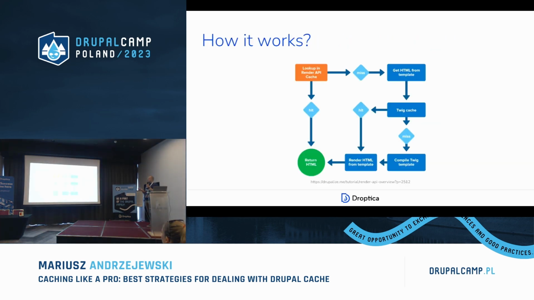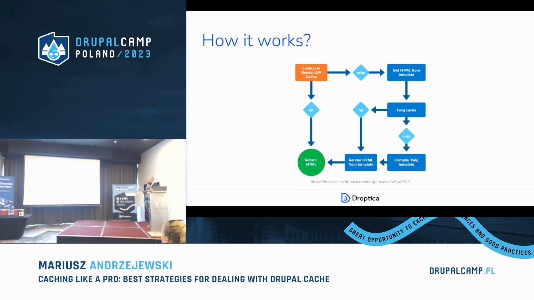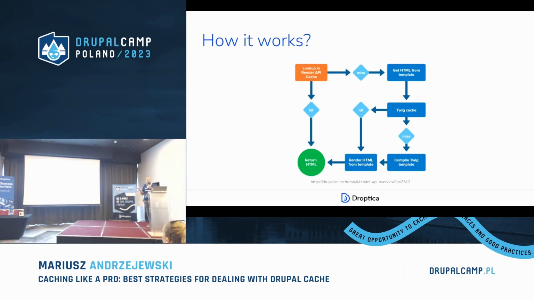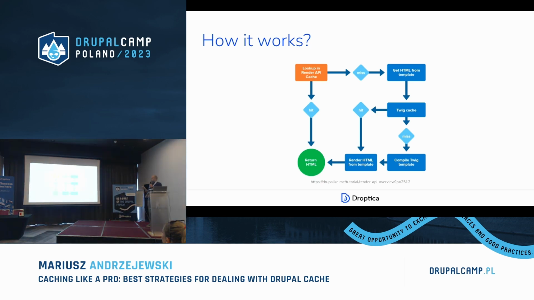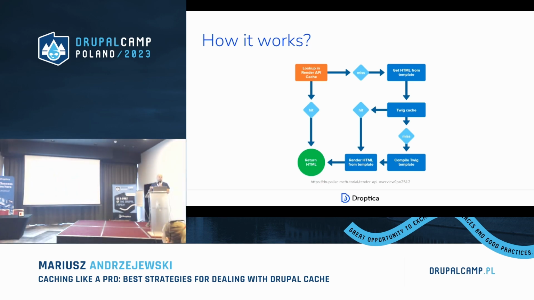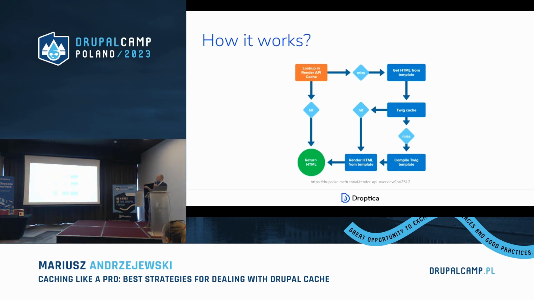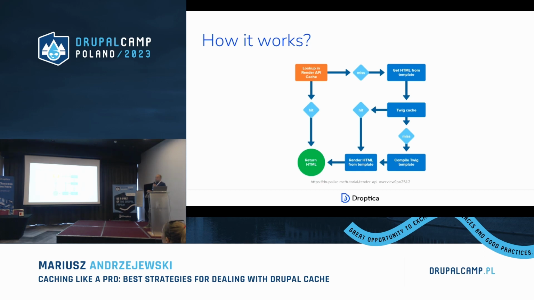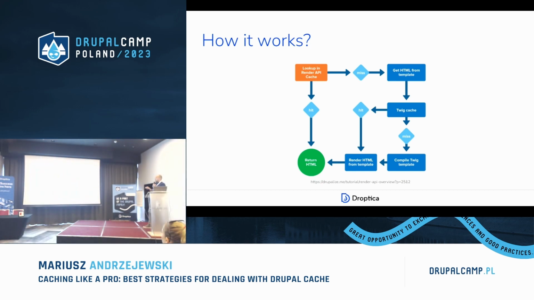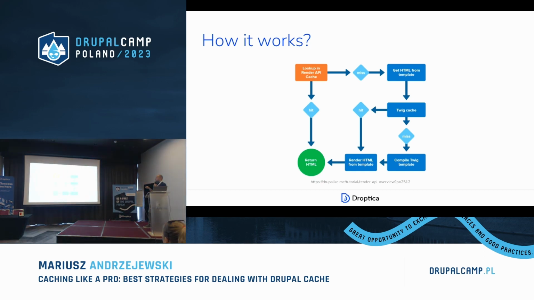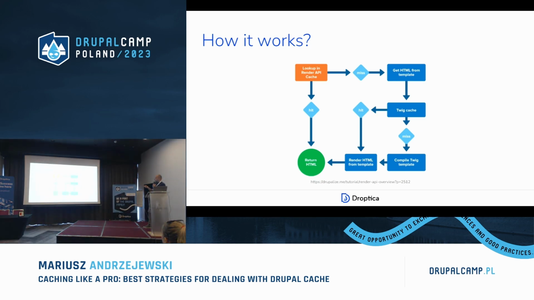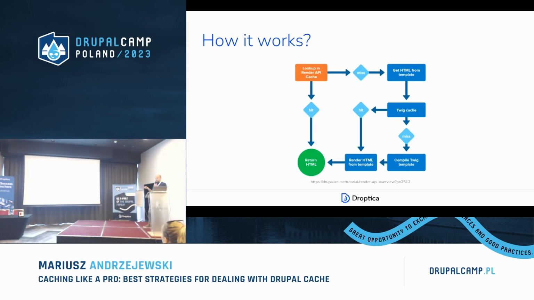Basically, we start over here, and there is a lookup in the render API cache first, and of course, if there is data for that in the cache API, we have a hit and we get the response automatically. But in case we miss that data in the render API cache, we try to fetch the HTML from the Twig cache.